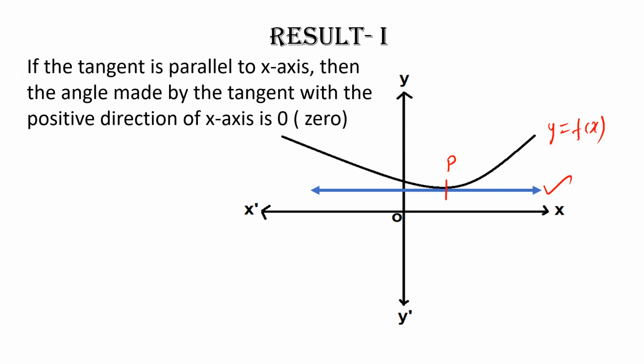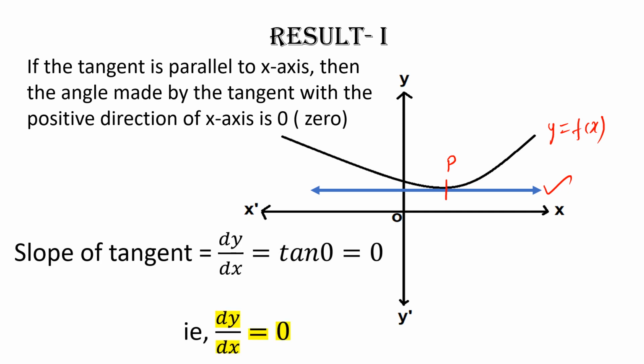Whenever a line is parallel to the x-axis, the angle made by the tangent line with the positive direction of x-axis is 0. Therefore, the slope of the tangent line will be dy by dx equal to tan of 0 degree, which is equal to 0. So, whenever the tangent line is parallel to the x-axis, then dy by dx is equal to 0.